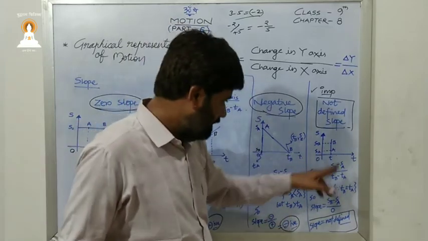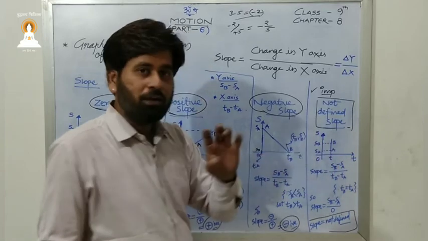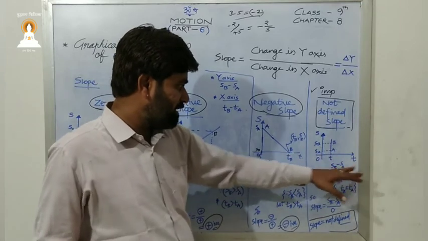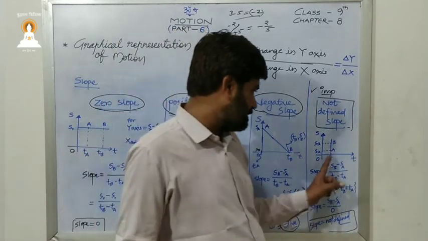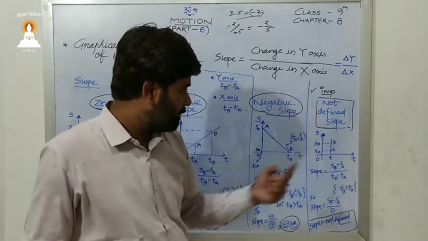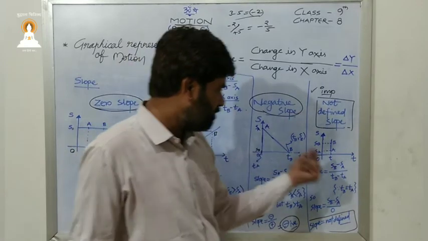So see the case, slope is SB minus SA, suppose. I have taken 2 points, B and A. B is final, A is initial. SB minus SA, no problem, sir. But ultimately for time, A and B are both a single point. Whatever is A is B, because time is constant, only one value for time.